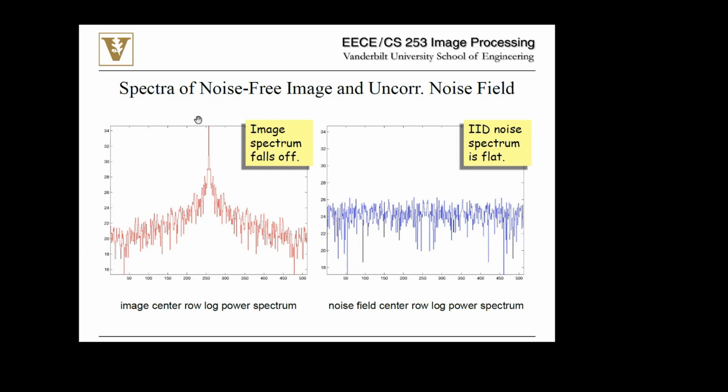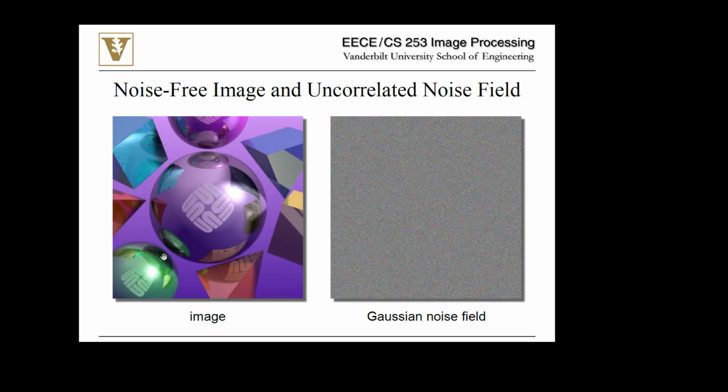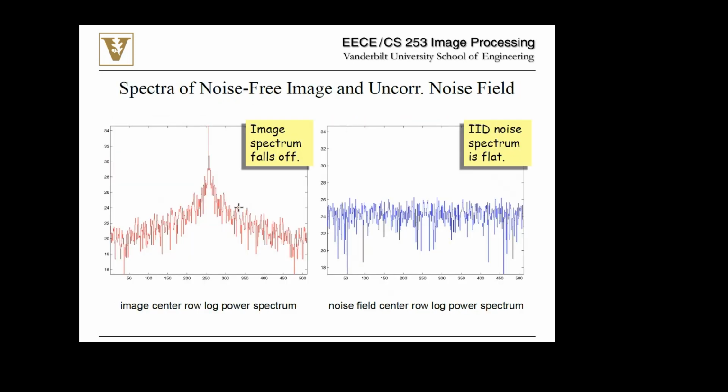This is the power spectrum of the ideal image. It's not noisy. I remind you that typically they follow 1 over frequency squared, or at least frequency to some power. But independent noise is flat.